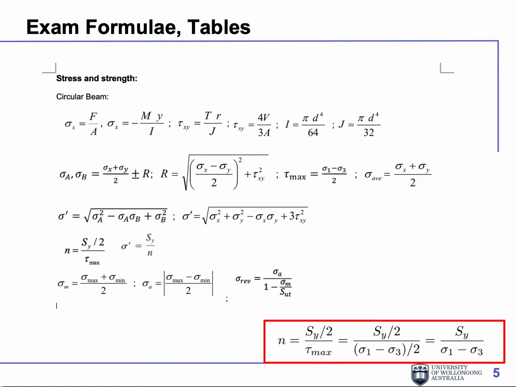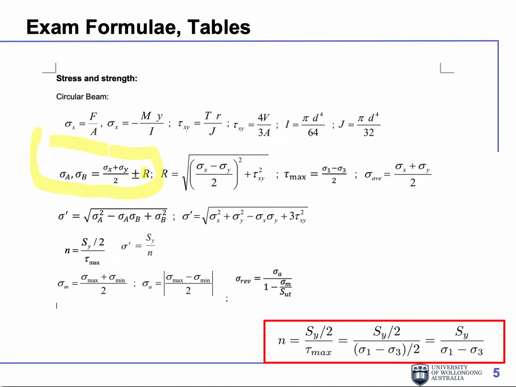And in our exam, we give you a formula table, so let's see which ones are important. In this case, this one. So this is when you have sigma x, sigma y, and also R. R is our shear stress, basically.